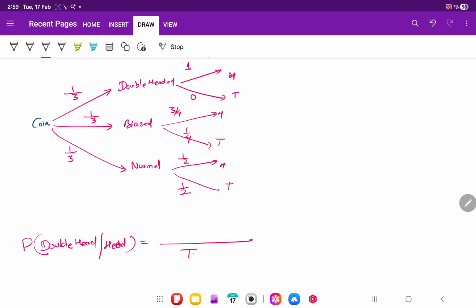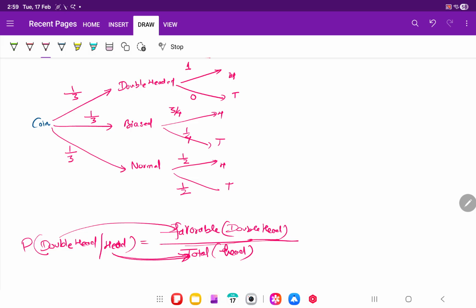So what is the total probability that you get head? And this is the condition. Out of that you need the favorable, and what is the favorable condition? That you get it from double-headed. This one. Condition always comes down.